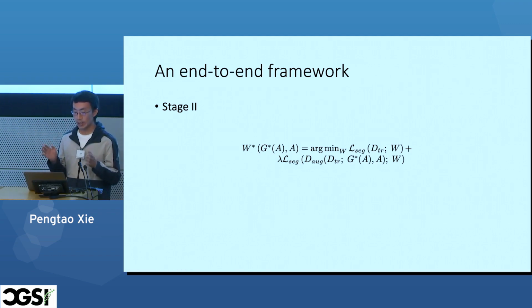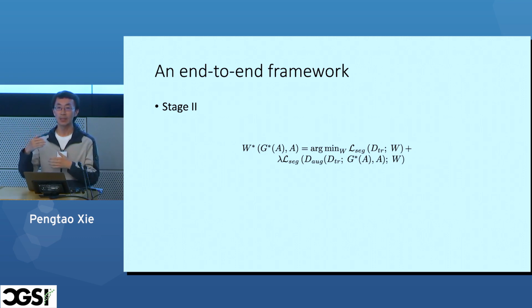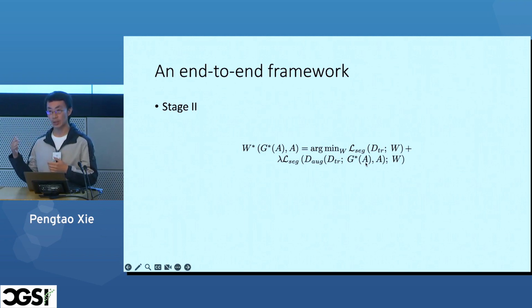Okay, after we train this model, we are going to use it to generate these augmented images. As we described earlier, given a real segmentation mask labeled by the human, we first do some basic data augmentation to get some augmented masks. Then we feed those masks to this trained generator in the GAN model, G star A, to generate the input image.